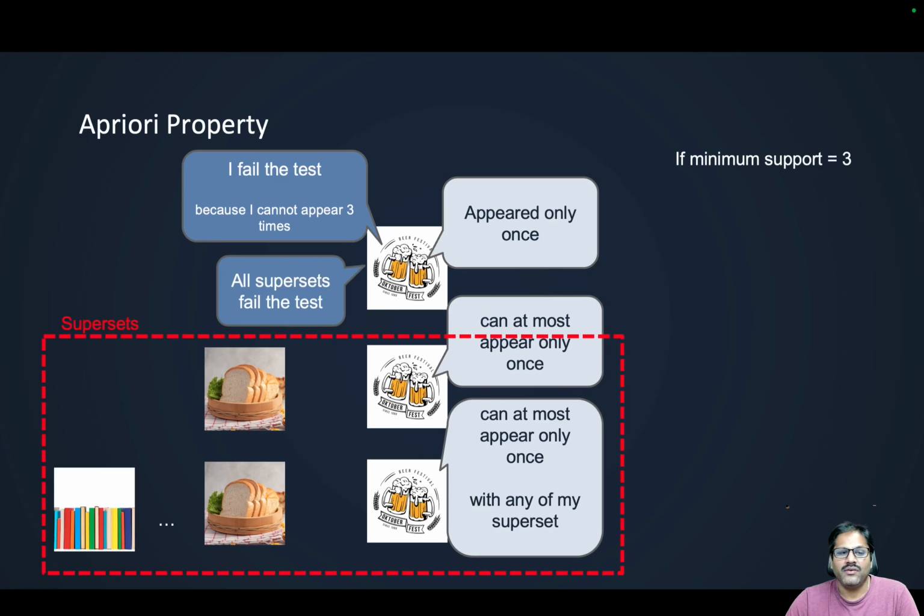Not only that, we can also say that all supersets of beer also fail the test. We don't need to scan the database to tell this fact.